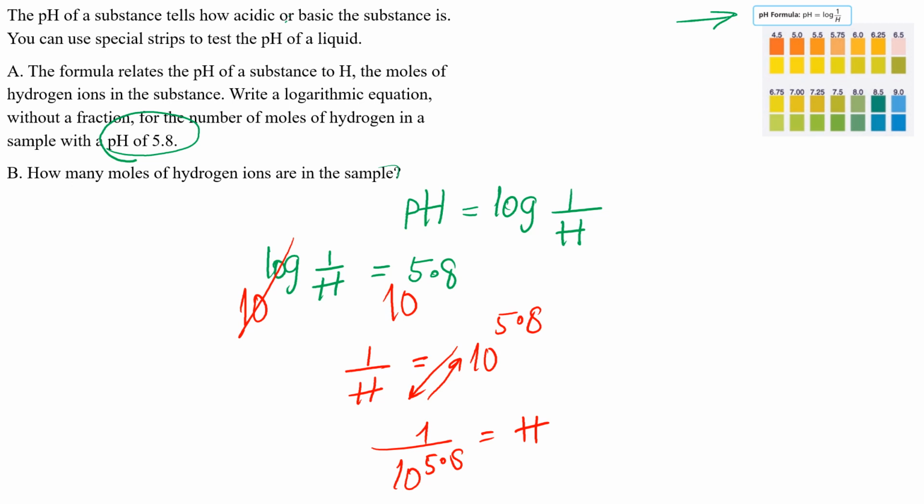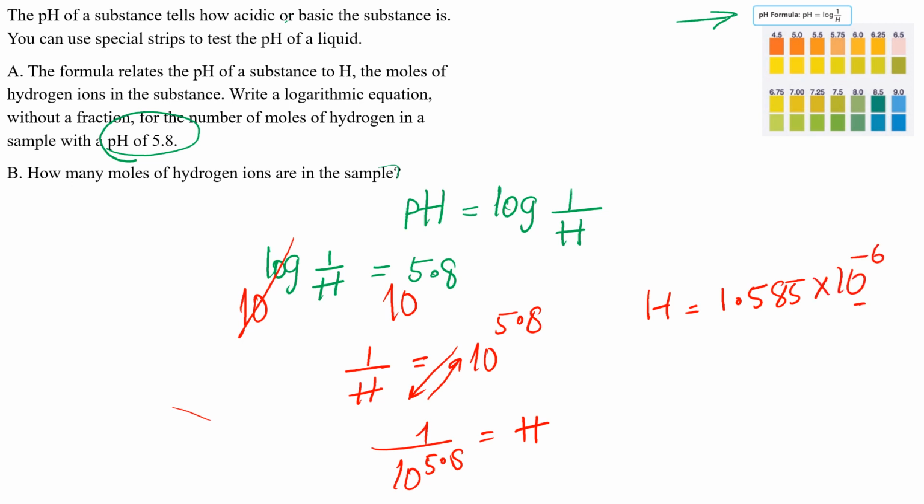So I will write in the calculator 1 divided by 10 to the power of 5.8 and the answer is 1.585 into 10 to the power of 6.